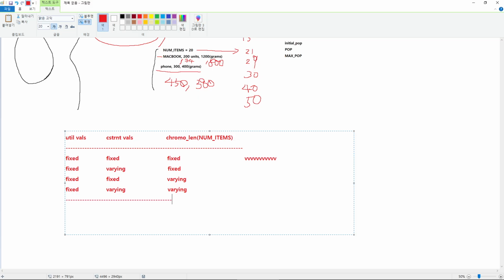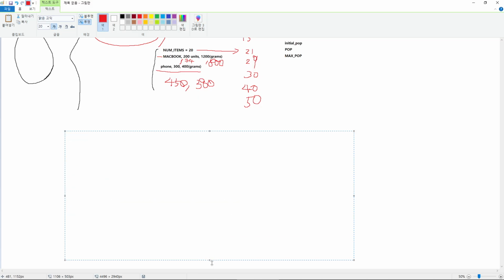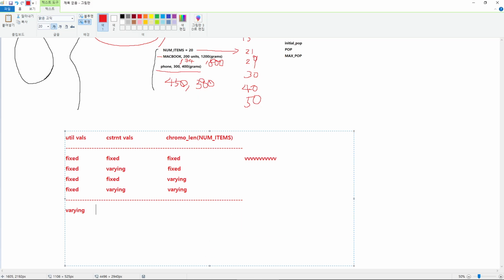Okay, and the next up, the utility values can be varying, the constraint values can also be varying, and the chromo length could also be varying and shifting and changing. Next up, you already know, the constraint values could be fixed, and the chromo length could be varying.